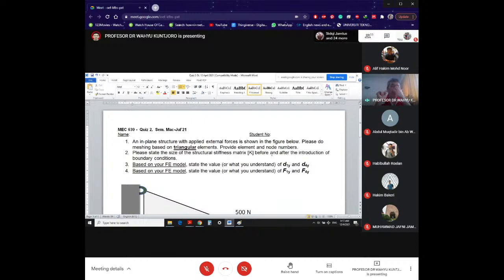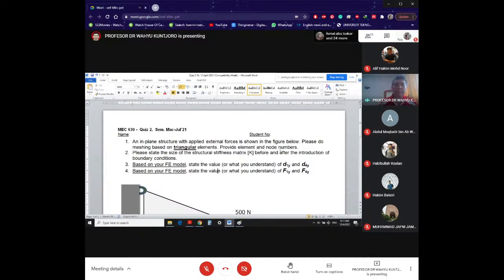I want to see the node number and the element number. Without node numbers, you cannot answer questions 3 and 4, and actually also question 2. So please make sure you have not only element but also node numbers. And in your finite element model, don't forget to put the support and the load. Remember what we call a finite element model.